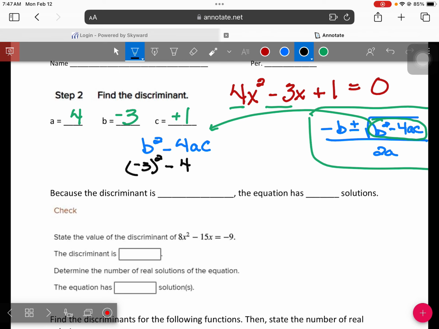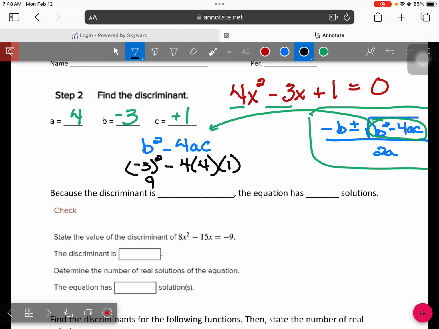So negative 3 squared minus 4 times a. When there's no operator there, you are multiplying. My a value here is 4. And then times c, my value there is 1. So putting this together, you need to do, according to order of operations, negative 3 squared is how much?